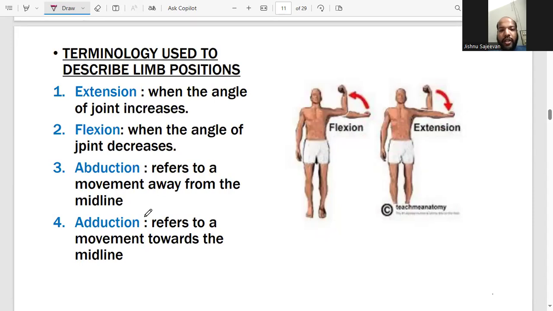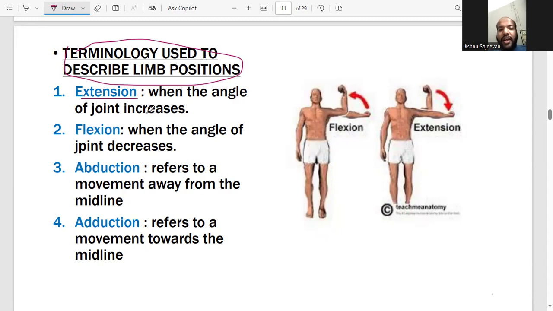In this slide, we will be talking about the terminologies used to describe the limb position. Limb means our body parts, like our hand, knees, and all. There is upper limb and lower limb. So we are going to describe the limb position. First of all, extension.